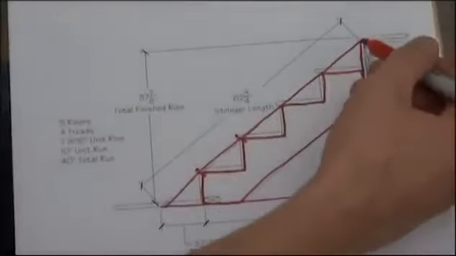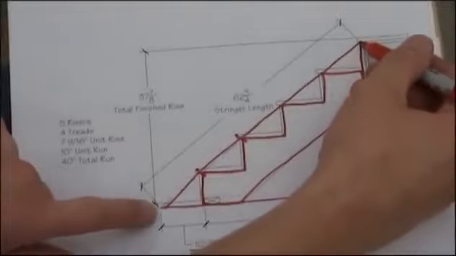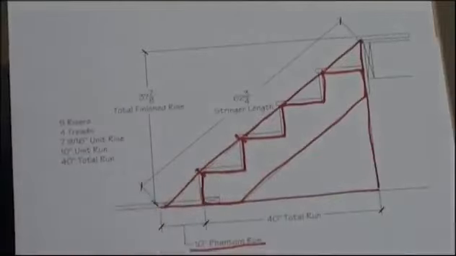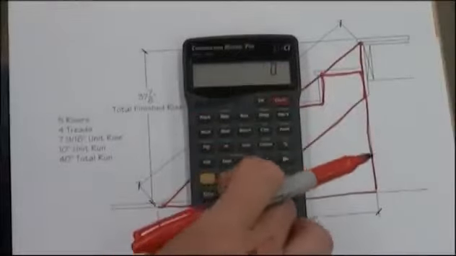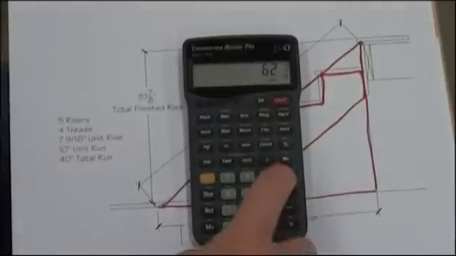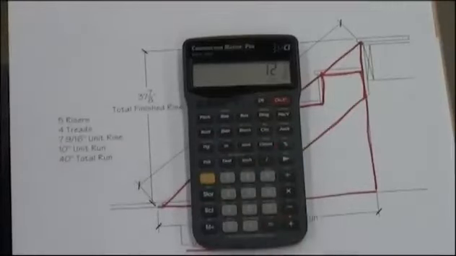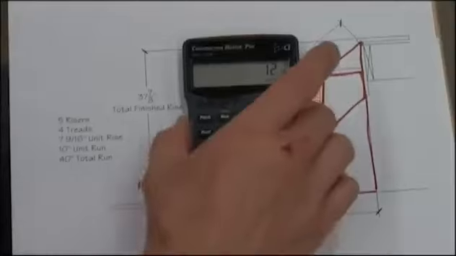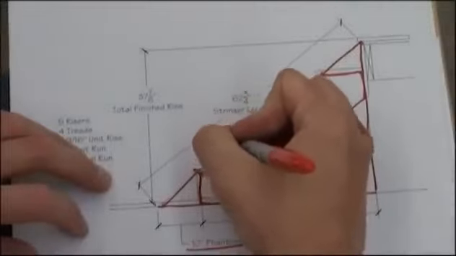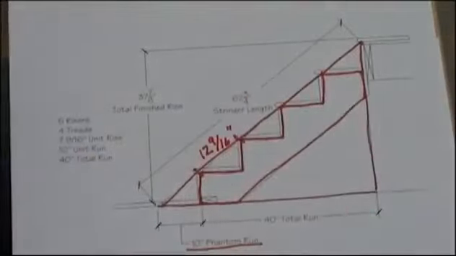As you can see here, we have a line segment that if we divide by 1, 2, 3, 4, 5 segments, will give us 5 equal segments of that pitch length. So 62 inches and 3/4 is our stringer length, divided by our number of risers gives us a pitch length of 12 and 9/16 inches. So that is 1 pitch length for 1 tread and riser.